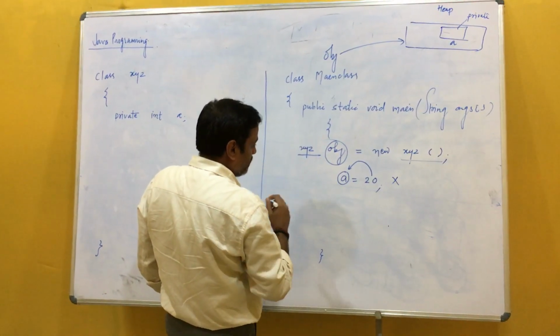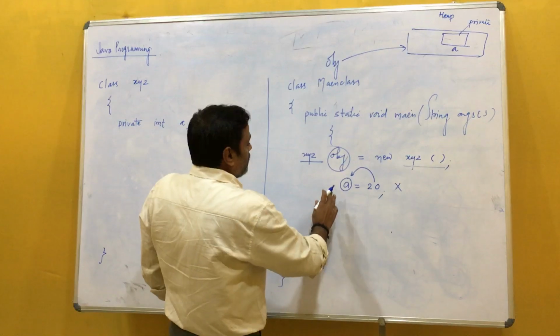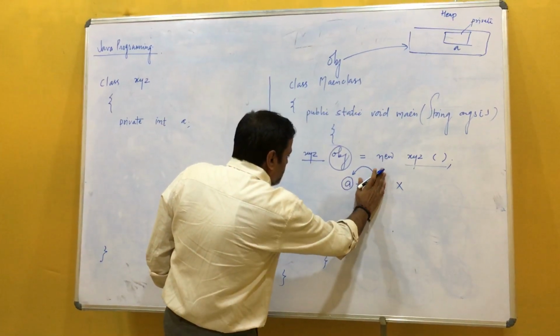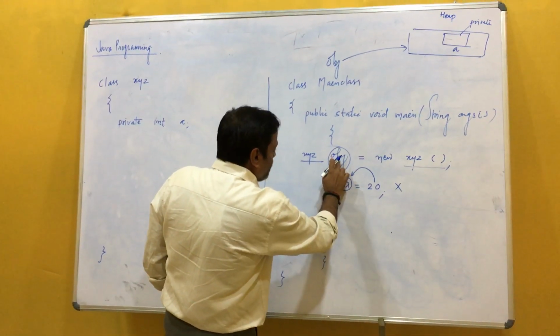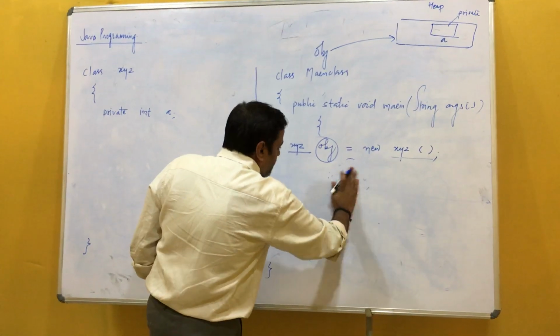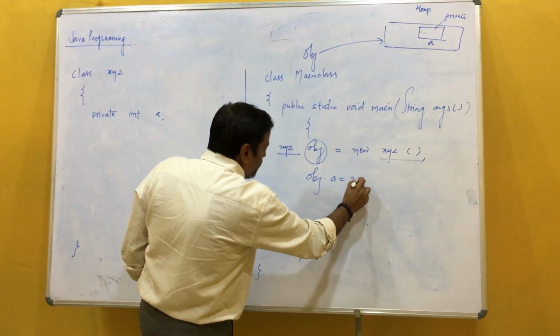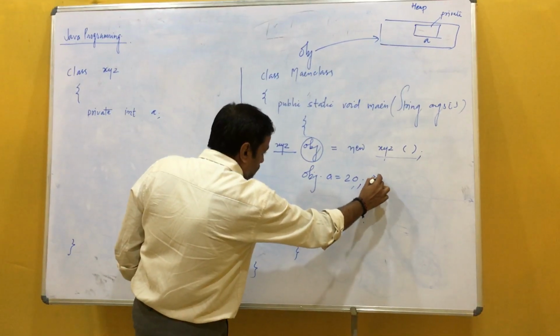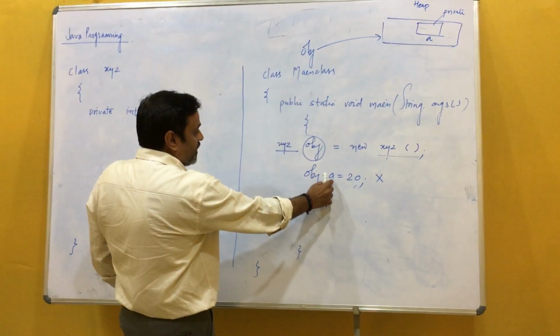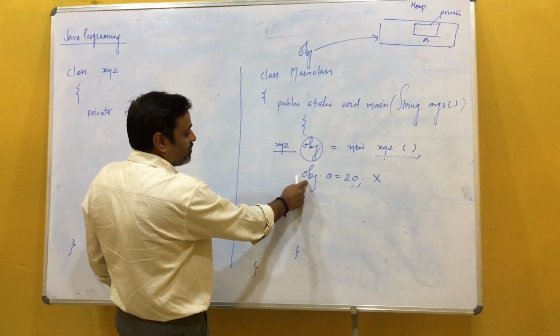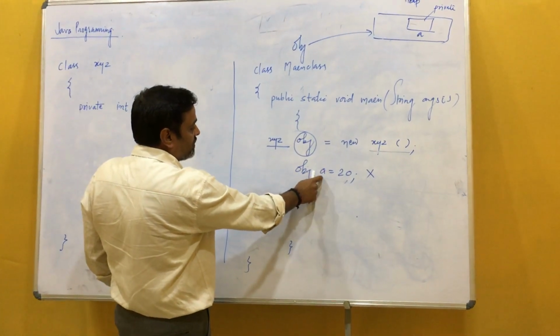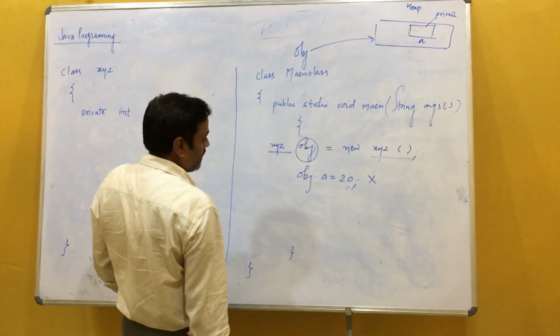One remedy is that this A belongs to this obj, so I can write obj dot A is equal to 20. It should work, but it will not work because this A is inside the private section of the object, so I cannot access it from outside that class.